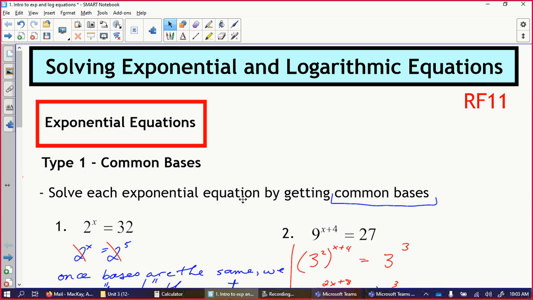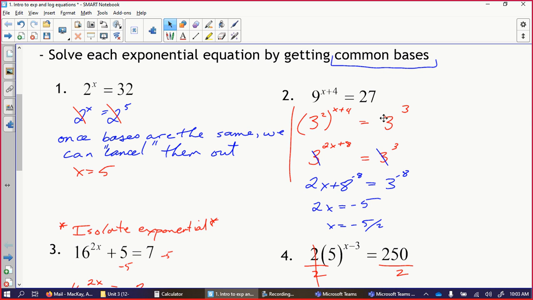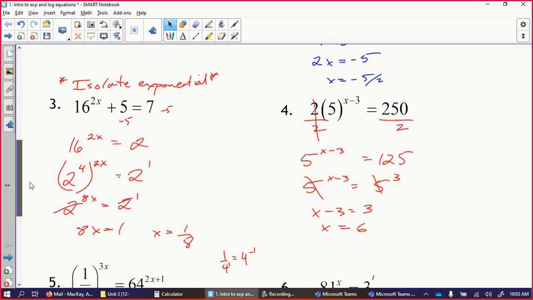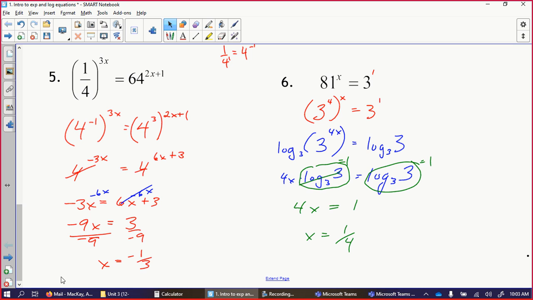On Friday, we looked at solving exponential equations. If it has a common base, we can cancel them out. Effectively, we're taking the log of both sides. If it's not common, you have to put it into a common base. We can isolate by adding and subtracting.